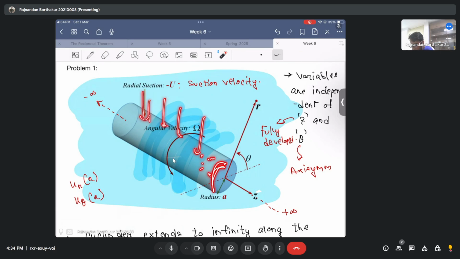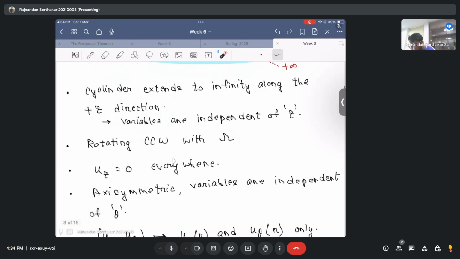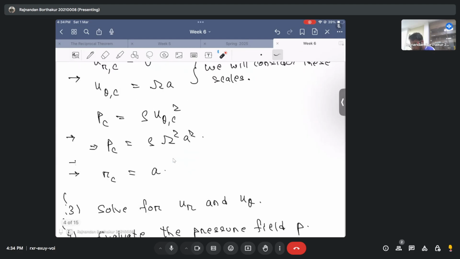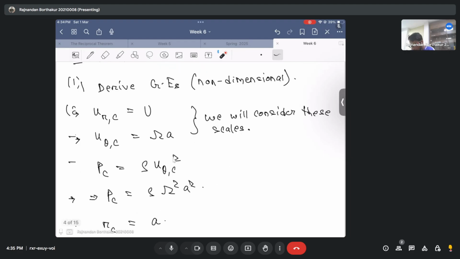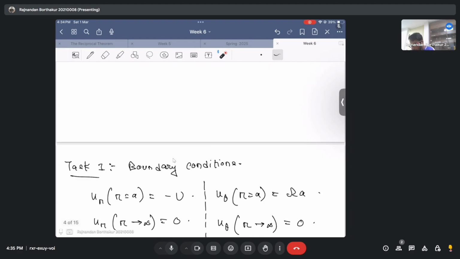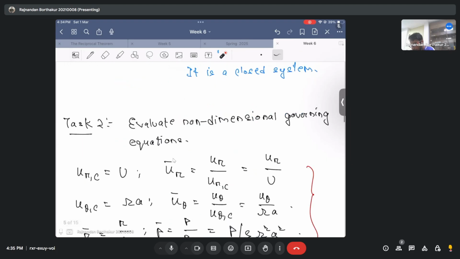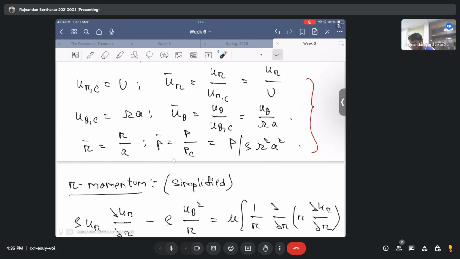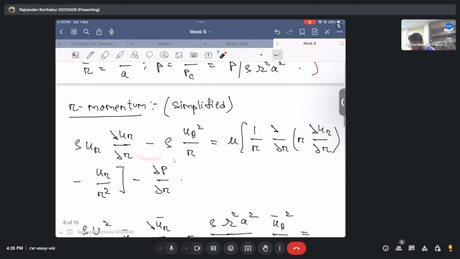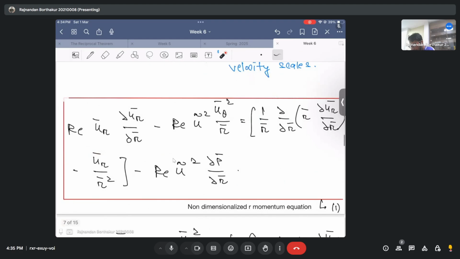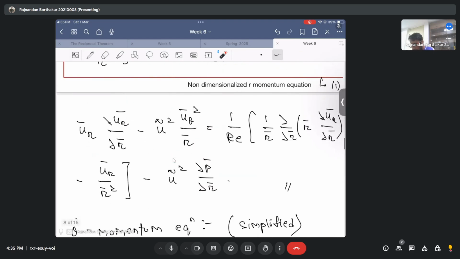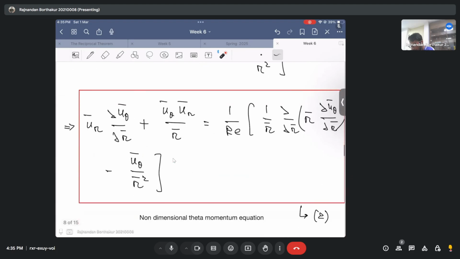It has some pores on its surface, due to which there was an inflow of fluid to its surface with some radial suction velocity u. Based on this and considering the assumptions, we started off by writing the non-dimensional variables, since the characteristic scales were given, plugged them into the dimensional equations, for instance the r momentum equation, to get the non-dimensional r momentum equation, and similarly the theta momentum equation to get the non-dimensional theta momentum equation.